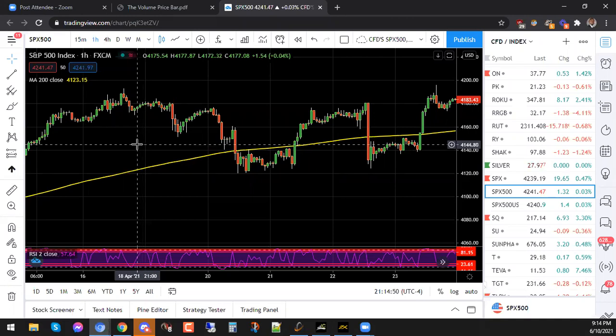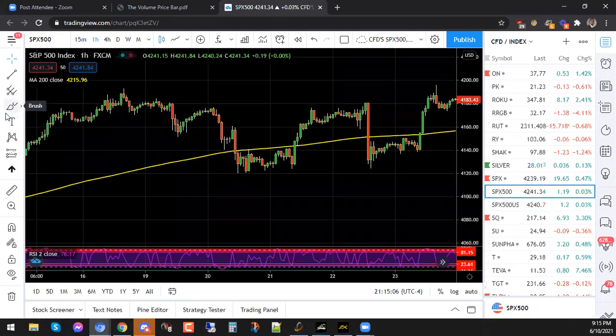With the S&P 500, I prefer to look at it through the European session into the US session. Why is that? Because US traders, in a lot of cases, start trading from the European session. So the European session generally has a lot of volume.